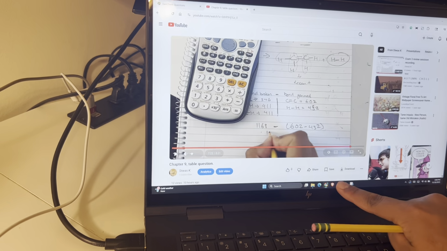The one with the N, this one: N2H4 going to N2 plus 2 H2, estimating the change of H using bond energies. So let me revise that.